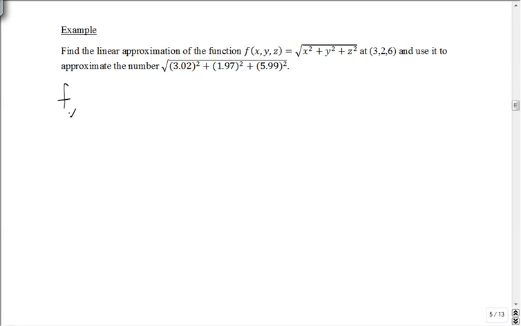So the partial with respect to x, let's write f of x, y, z as x squared plus y squared plus z squared to the half. Now we can find the first partials.